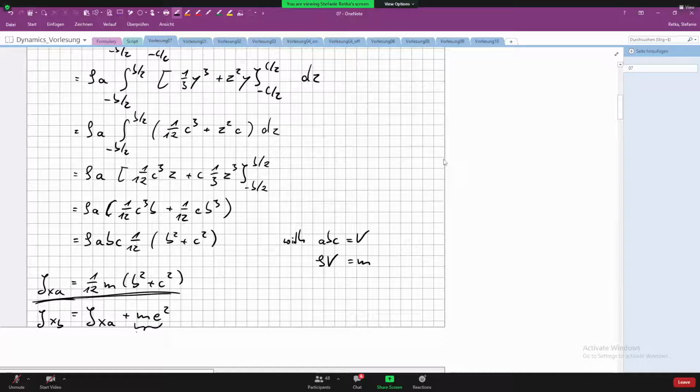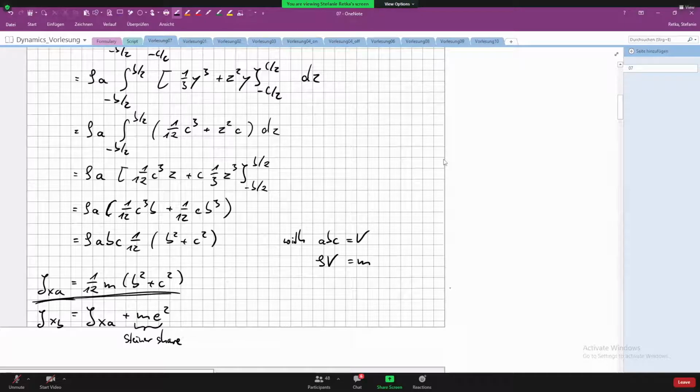This is the Steiner share, and e is the distance from our original axis, from our main axis, to the current axis of rotation.